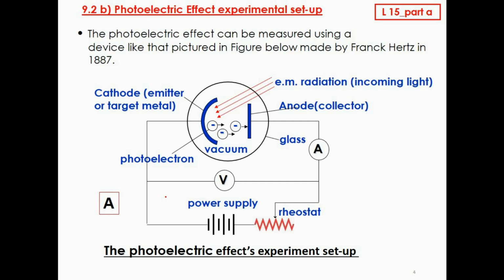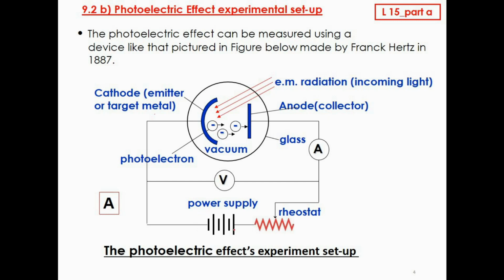The next learning outcome that you are going to learn in this subtopic is the photoelectric effects experimental setup. Figure A shows a circuit diagram for the photoelectric effects experiment setup. This circuit consists of an evacuated glass tube. In this glass tube contains a cathode as emitter or target metal and an anode as a collector.